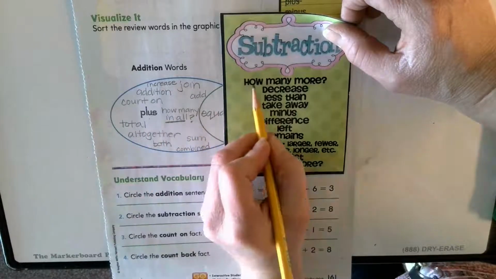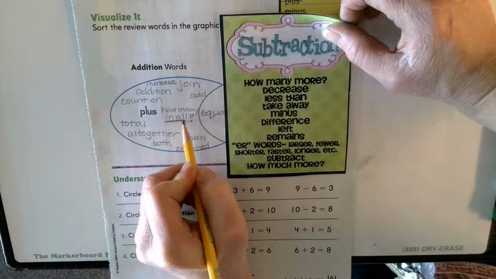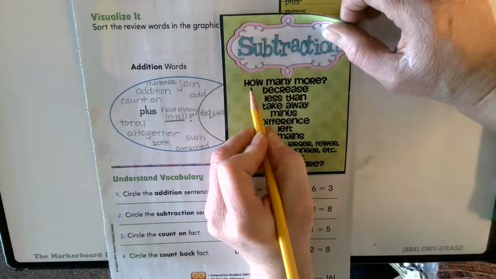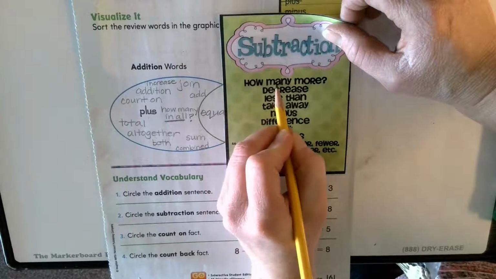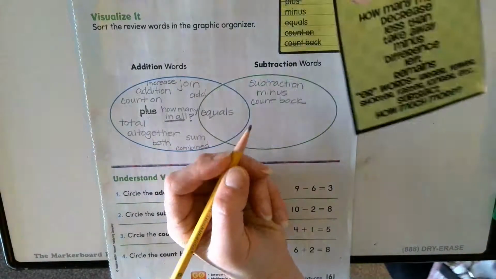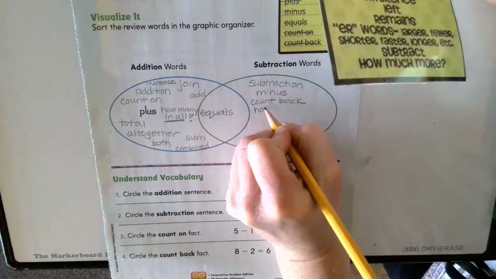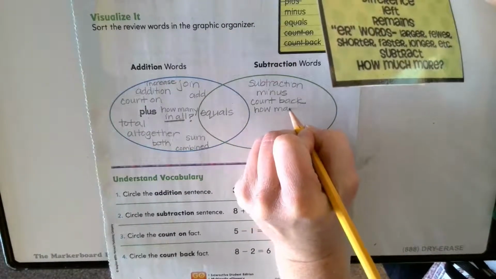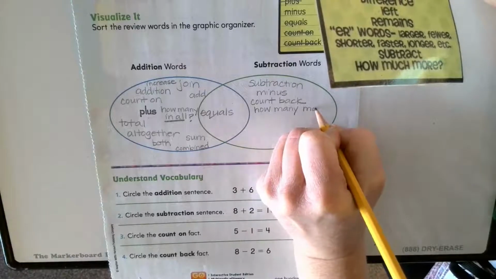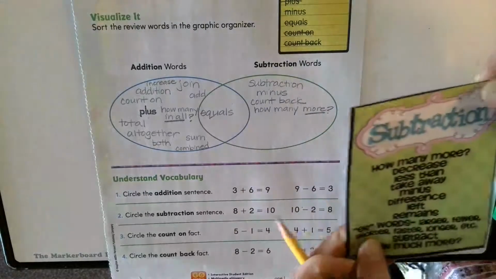Because we know that how many in all meant addition. But in subtraction, when we see the words how many and more, we always know we're going to be subtracting. So we're going to write that down. How many more? That question. Underline more.